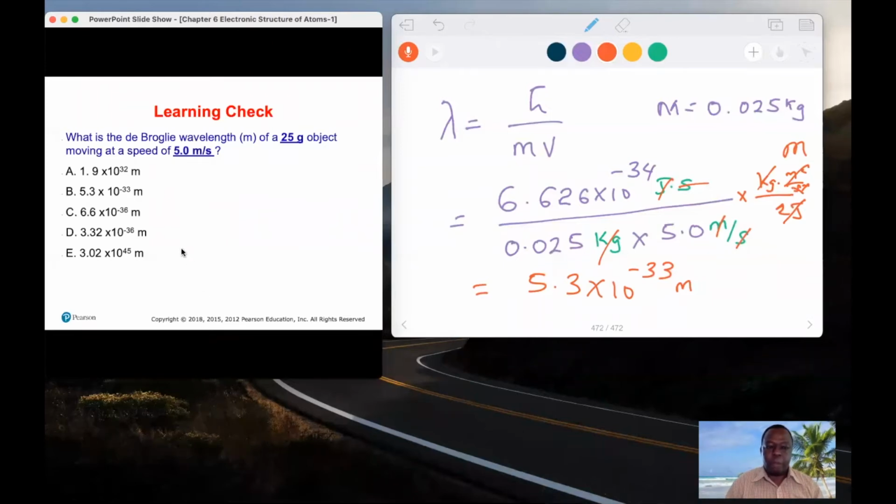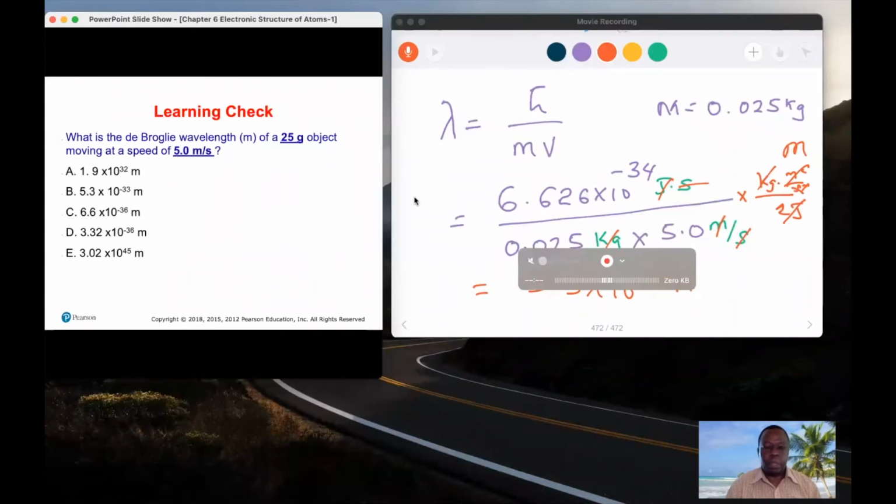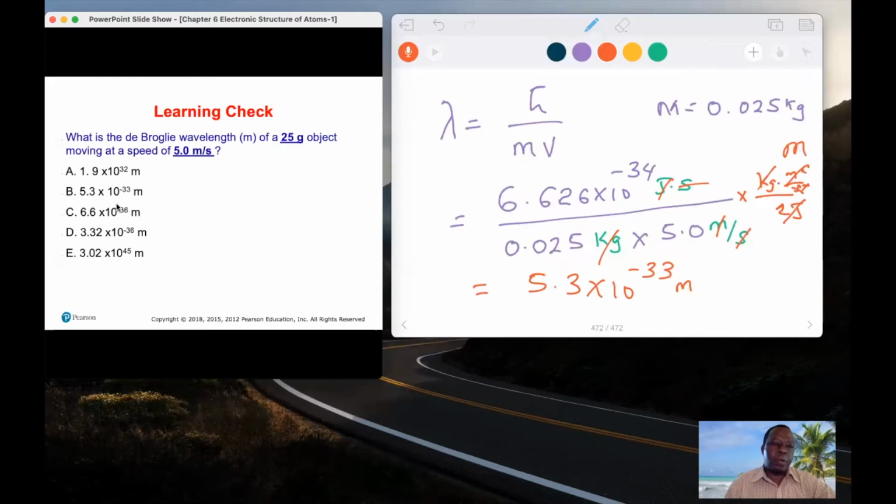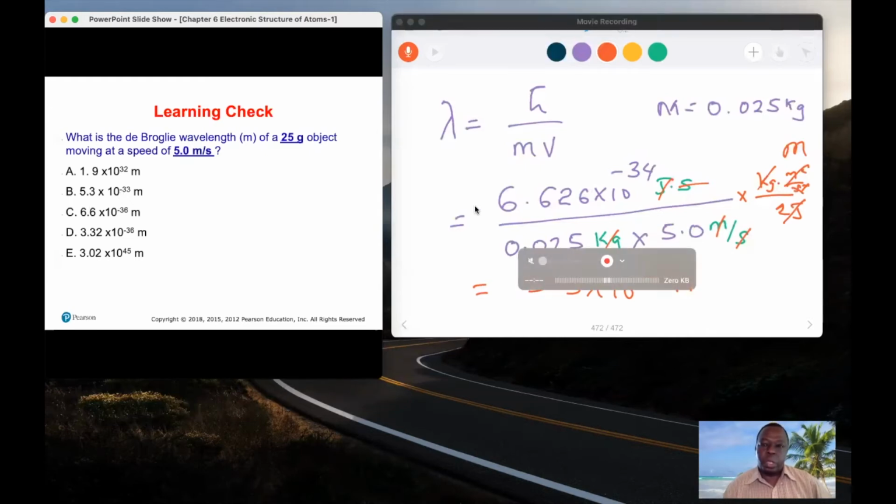Sometimes you may have two multiple choices with the same numerical value. This could be positive and negative, and especially when you key in and forget to put negative 34 on the Planck constant, you'll end up with the wrong answer. This will be positive, and for Scantron, you will not get partial credit for showing your work.